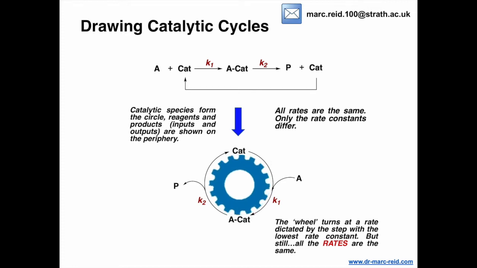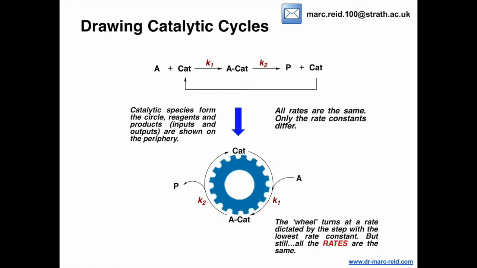Because the catalyst species are tied together in a cycle, the rates of all the steps in the cycle are exactly the same. As one molecule of A is converted to A cat, so too is one molecule of A cat converted to one molecule of product.